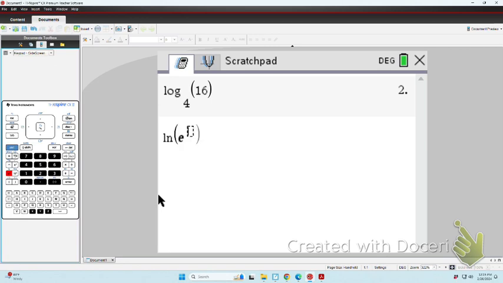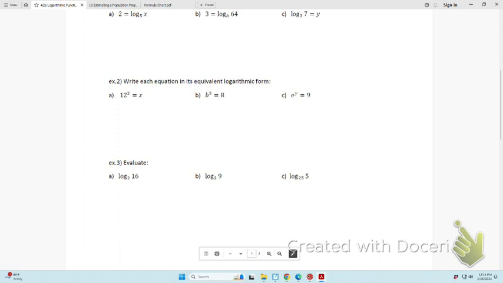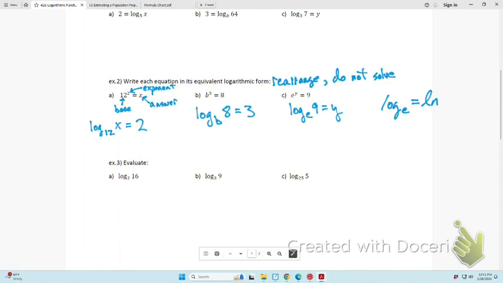All right. Oh, we don't need that. So another way to write this is ln 9 equals y. That's acceptable, or that's acceptable.